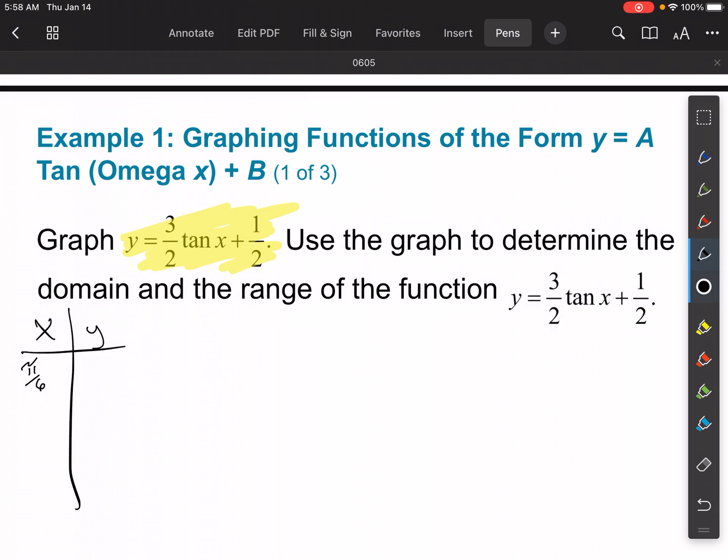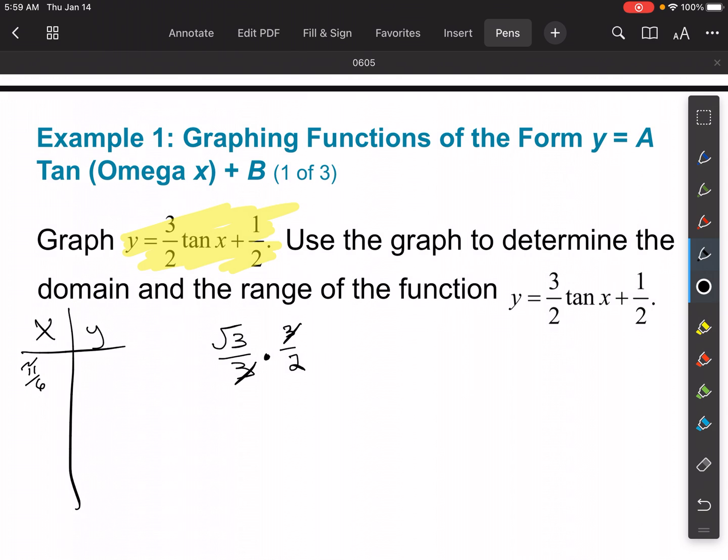Okay, at pi over 6, at 30 degrees, we said that the slope is square root of 3 over 3. Okay, so now in order to modify this, we need to multiply this by 3 over 2, and then add a half.